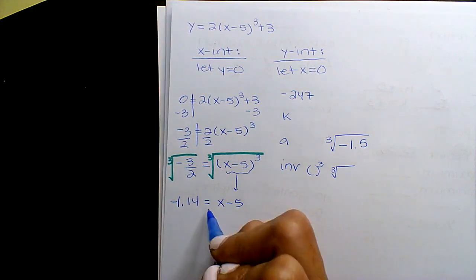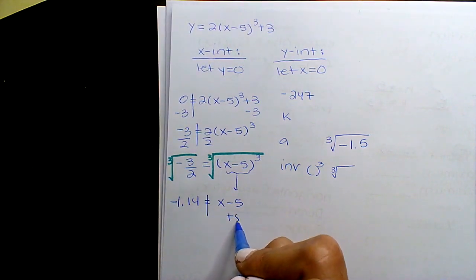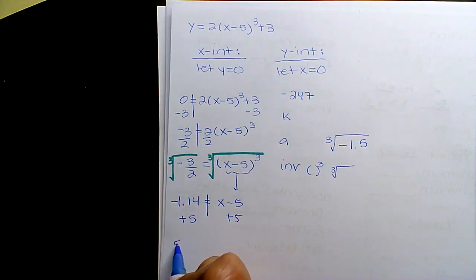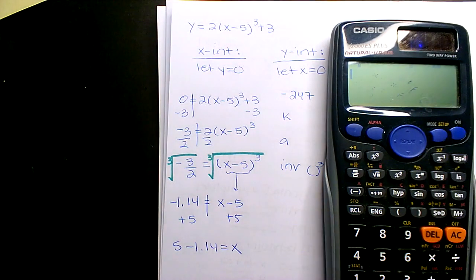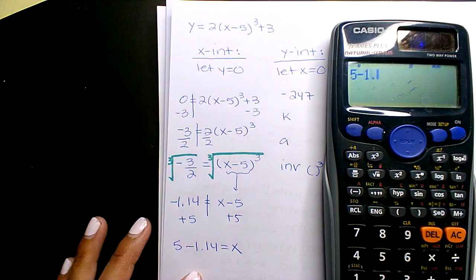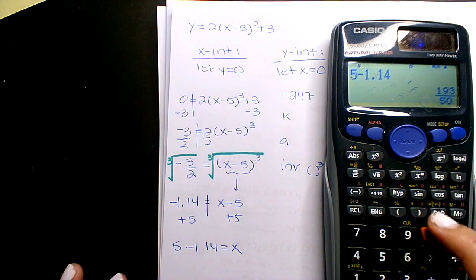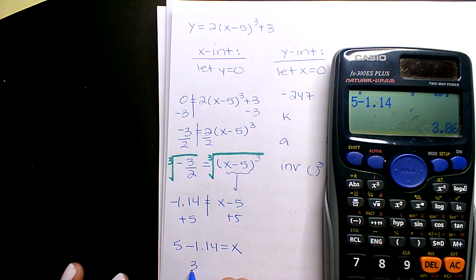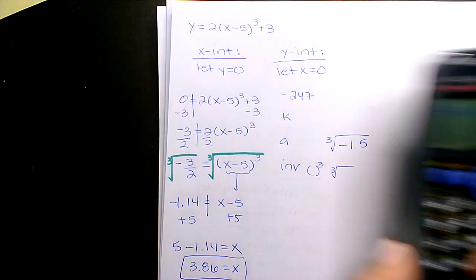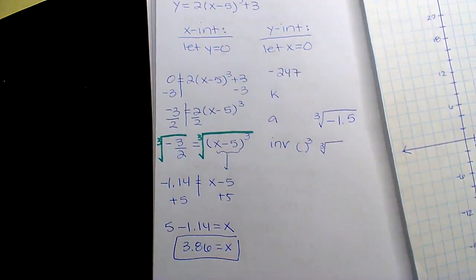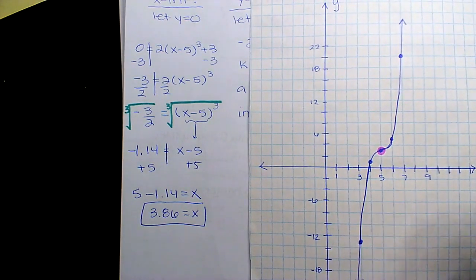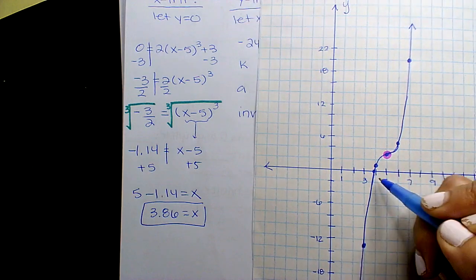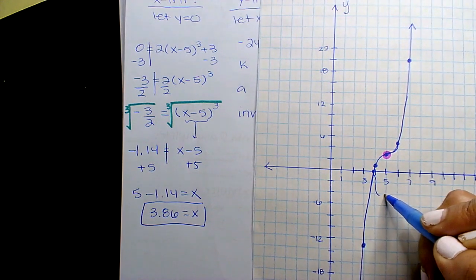Okay, yeah, so now what do you do? Add 5 is X. Yes. And so now what's X? 3.86. And so look, if you look at your graph, that's what you guys should see here, 3.86, that's a 4. And so here's your x-intercept.